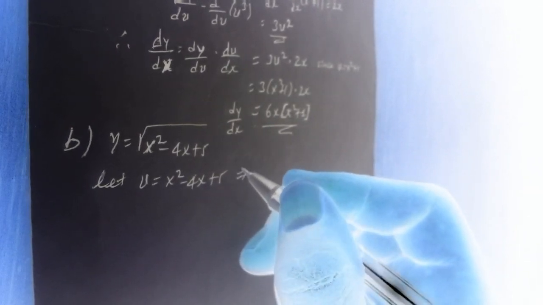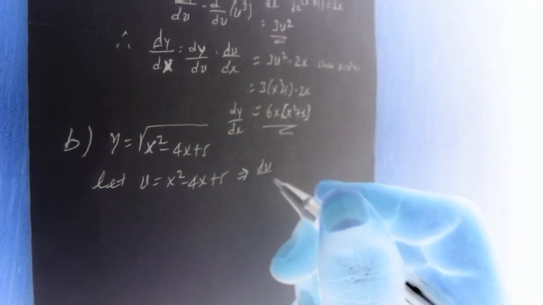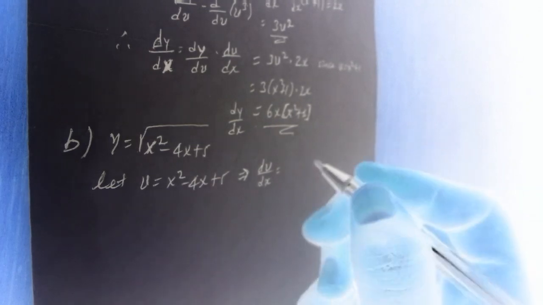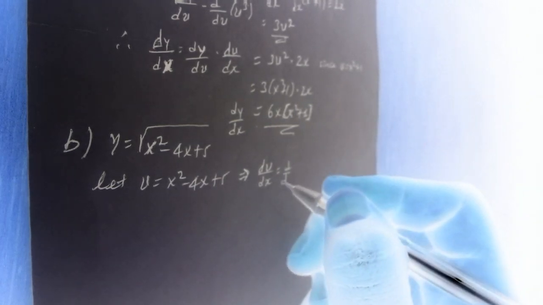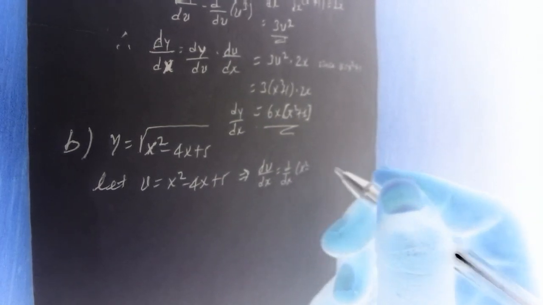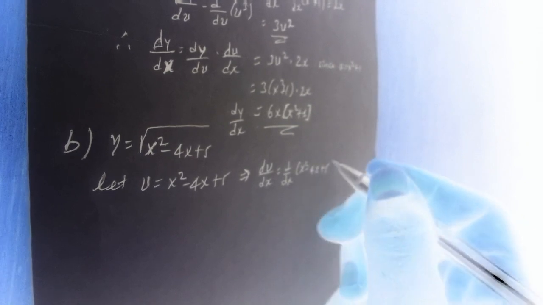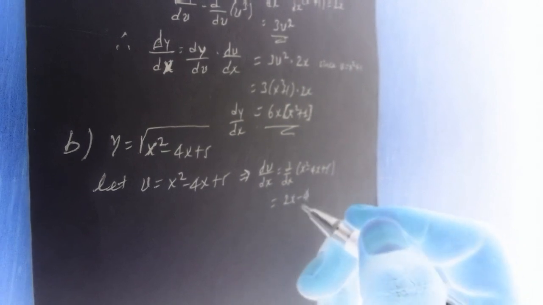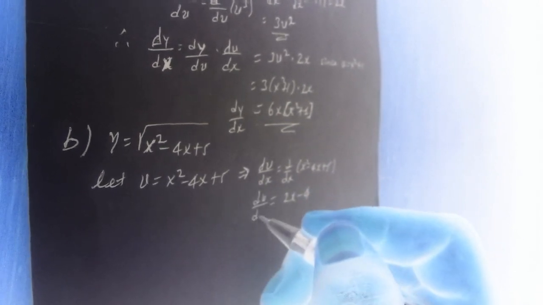Therefore, du by dx is the derivative of this one. Since the degree is 2, it is 2x minus the second term, 4. Therefore, d by dx of x squared minus 4x plus 5 is 2x minus 4.